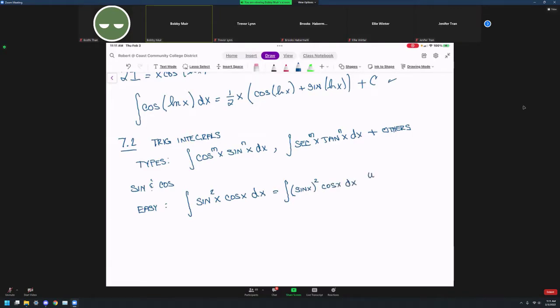And so the obvious thing is to let u equal sine x. Then du would be the cosine of x dx, and you just shove it in. And so we're integrating u squared du, which is u cubed over 3 plus a constant c.